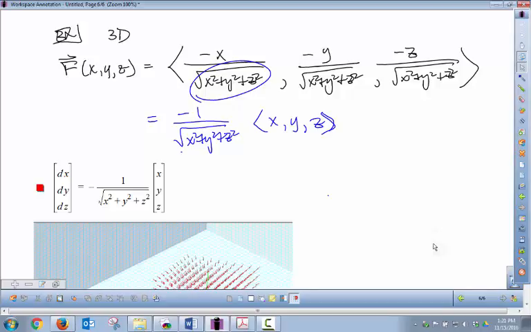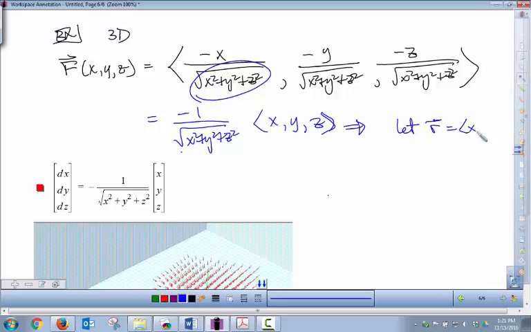All right. Speaking of physics and engineering, sometimes they let the vector r equal x, y, z, because they deal a lot with these electrical or gravitational fields. So this thing can get replaced with r, and the magnitude of r can also be replaced.